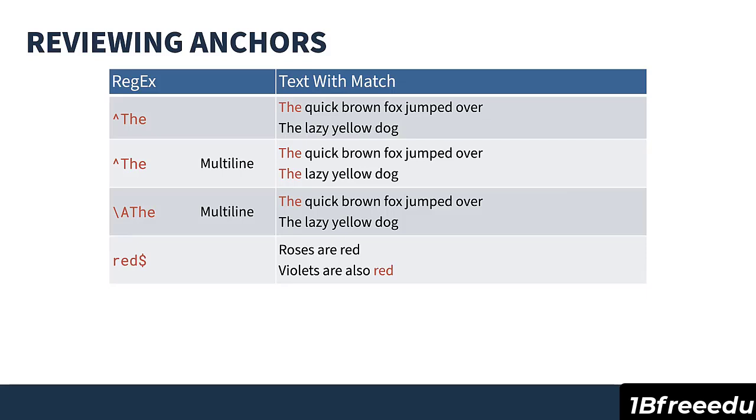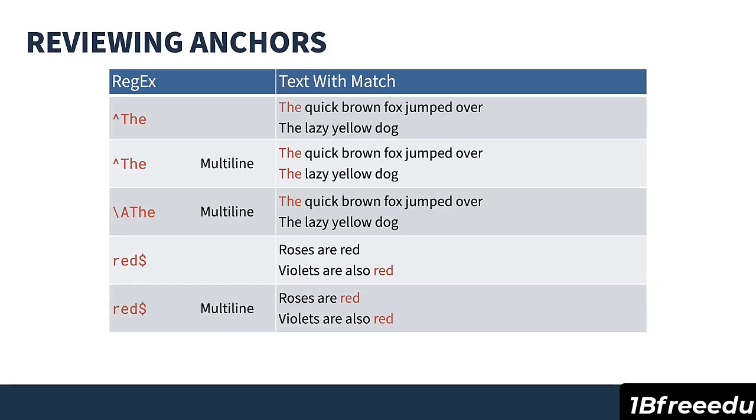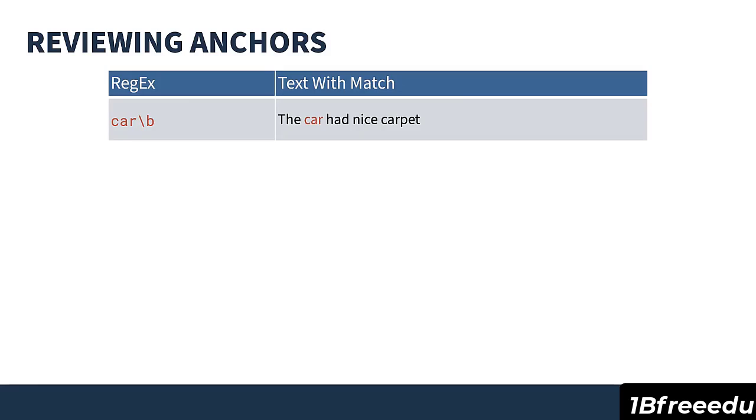Now to the other end, $ matches the end. Like the caret, in multiline mode, $ matches the end of a line. \Z is the equivalent of \A, matching the end of the string even in multiline mode. In addition to the beginning and end of strings, you can match word boundaries. \b is the word boundary anchor.